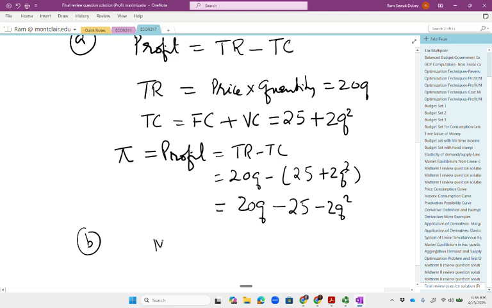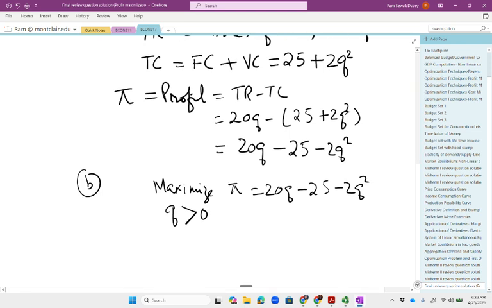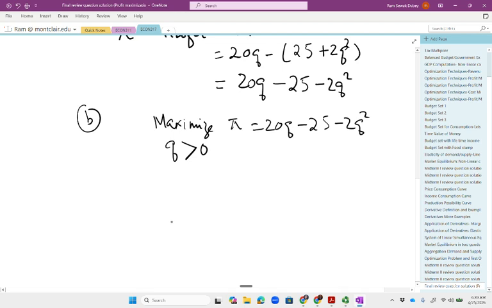The firm will maximize profit, which is 20Q minus 25 minus 2Q square, by choosing the choice variable, which is the output Q, and it should be, first, non-negative, but I will make it a bit stronger. I will say it is positive. So we assume that the firm is going to sell positive quantity and earn profit.